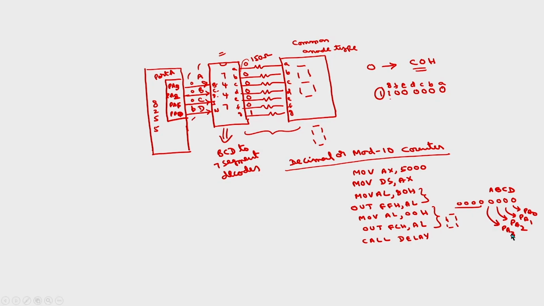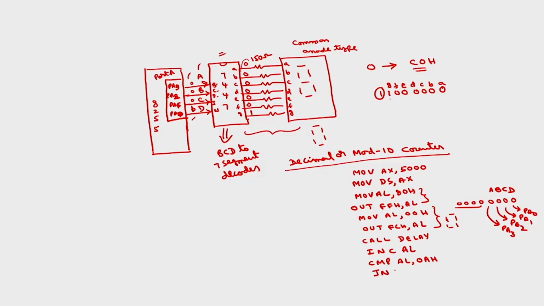After that I will write INC AL. I will compare AL with 0AH, because I want to display up to 9. So I am comparing with 10. Whenever AL becomes 10, these two will be equal and it will come out of the loop, so 10 will not be displayed, it will display only up to 9. I use the instruction jump not equal up.